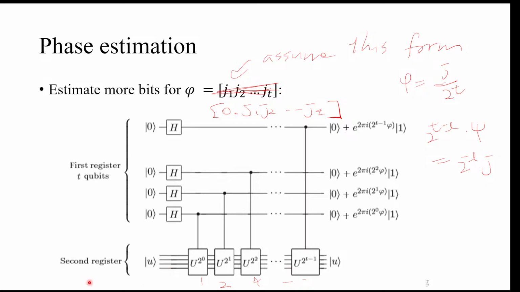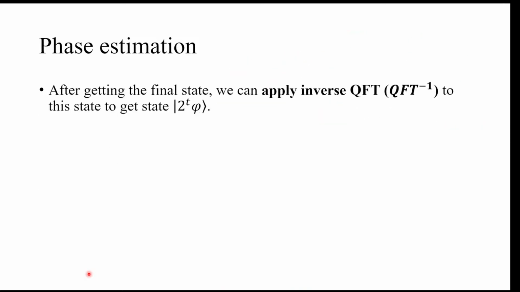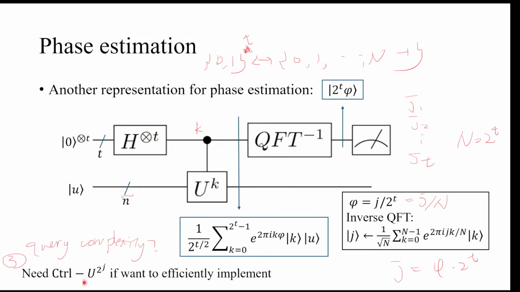So when you do this control U to the 2 to the t, 2 to the t minus 1, you don't actually need to do a gate of size 2 to the t minus 1. You only need to do a gate of size about poly t. That's why we can do factoring efficiently, because this crazy exponential control can be efficiently implemented.